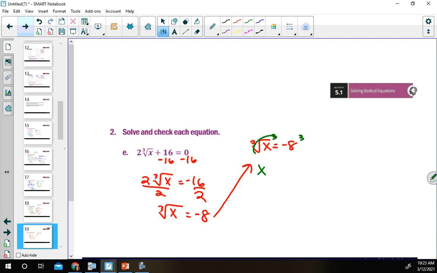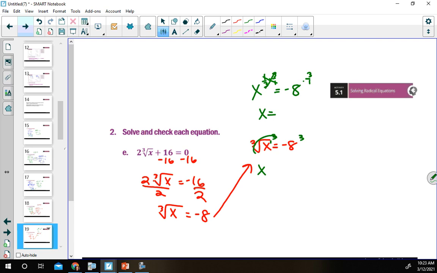So remember when we converted this, it was to the 1/3. Okay, so exponent over radical, if I was converting it to exponential form. So what you're actually doing is multiplying it by its reciprocal, 3/1. That's also why it works, because 1/3 times 3/1 becomes 1, which is what I'm trying to solve for, so x equals.